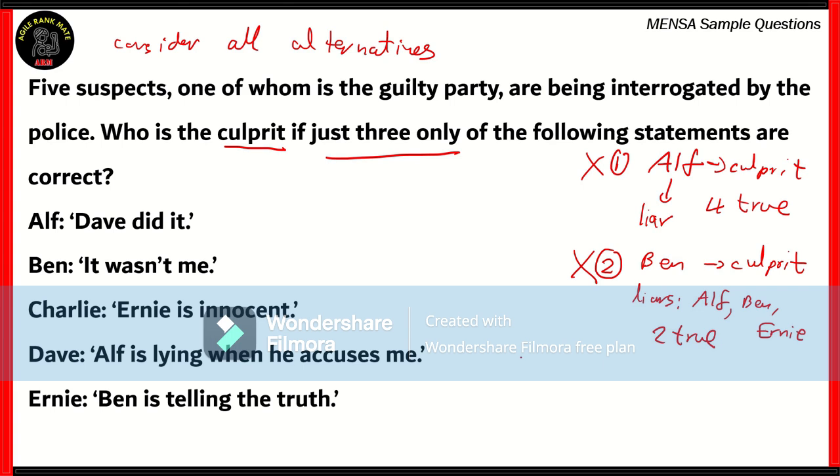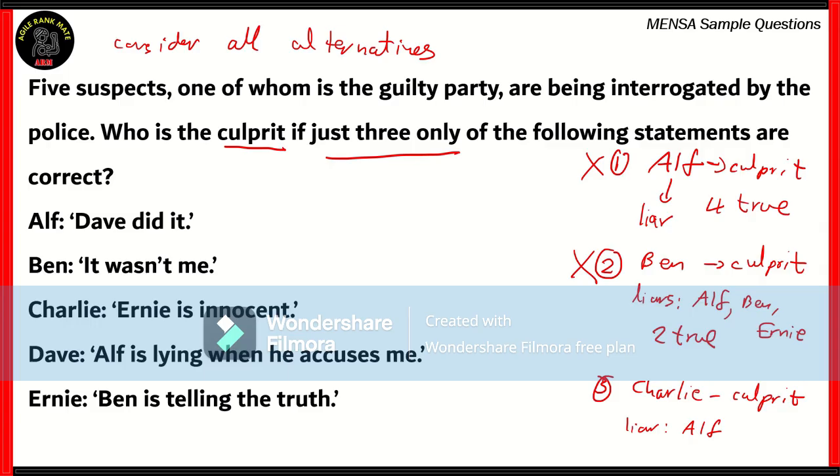Now, what about the third possibility? Charlie. Now, if we consider that Charlie is the culprit, then the only statement that works here as a lie is that of Alf's. Now, Alf says Dave did it, whereas Dave doesn't do it.